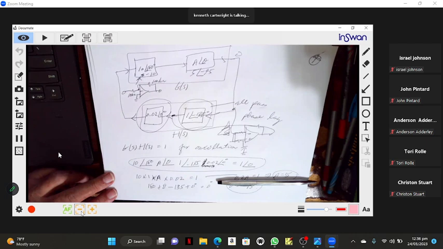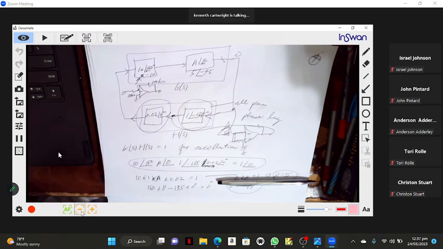What's 0.02 at angle 0 equal to? 0.02. Yes.